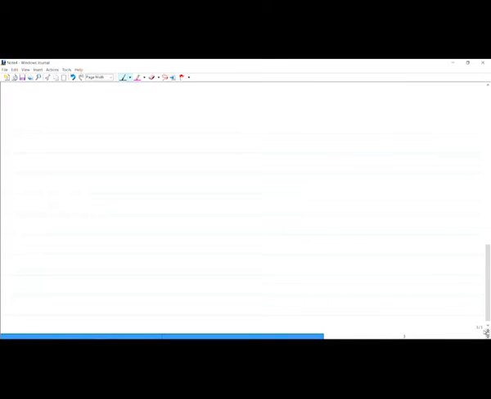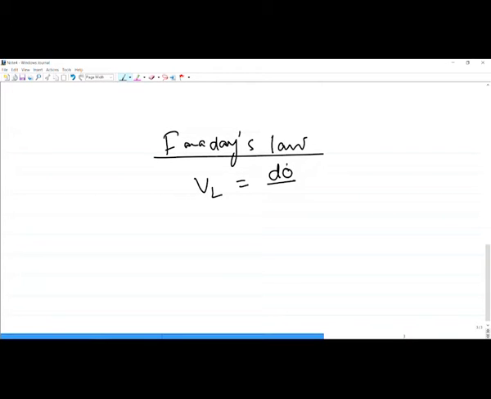We also learned that this comes from Faraday's law, which talks about electromagnetic induction, and the induced EMF, if you call that VL, is the direct result of this changing magnetic field, d phi dt, wherein phi is the magnetic flux.